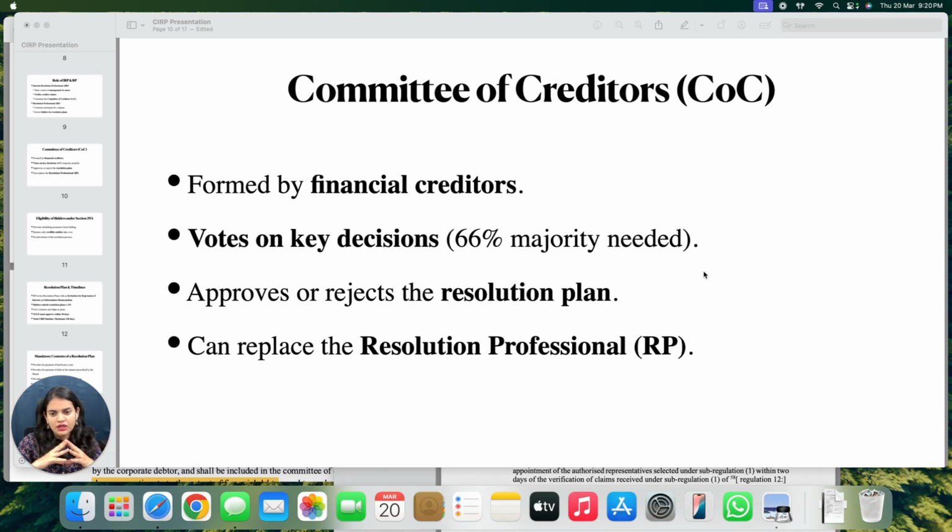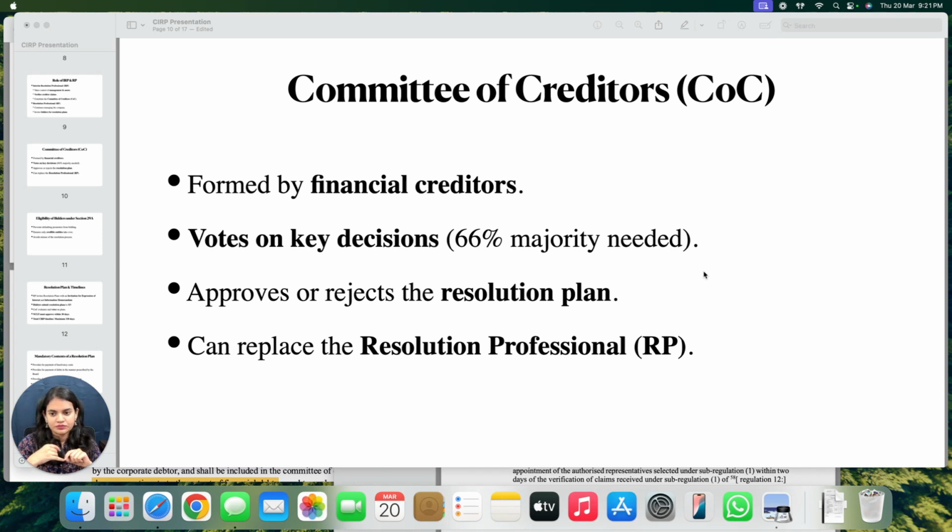So let us understand the voting percentages. In most cases, for any important decision taken by the committee of creditors, a mandatory 66% majority is required. Section 28 provides that such decisions will require a 66% majority.